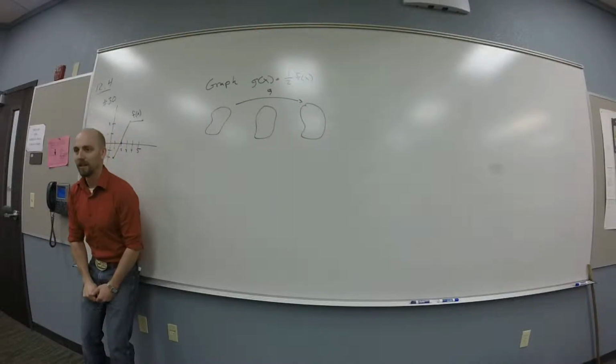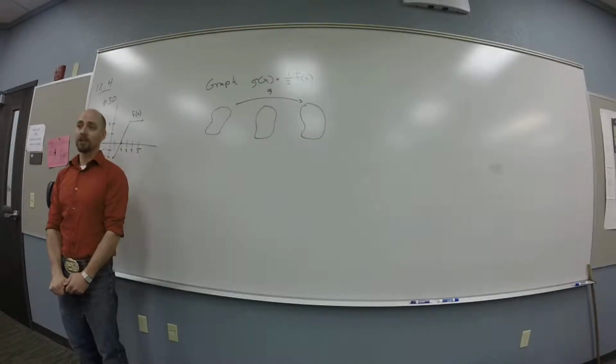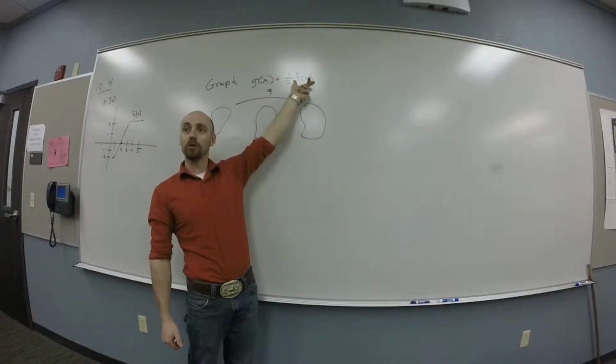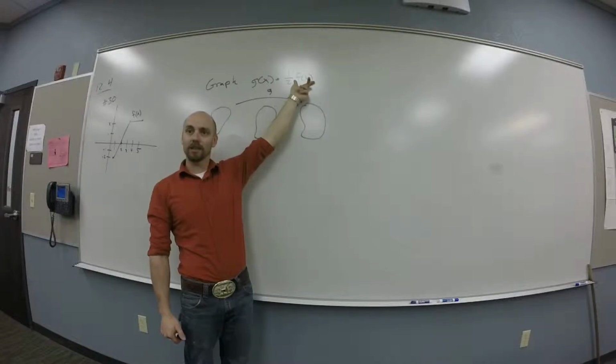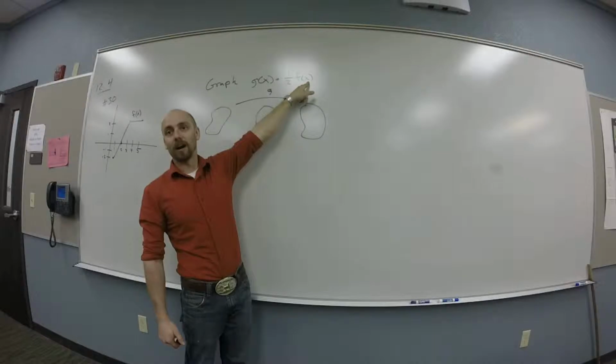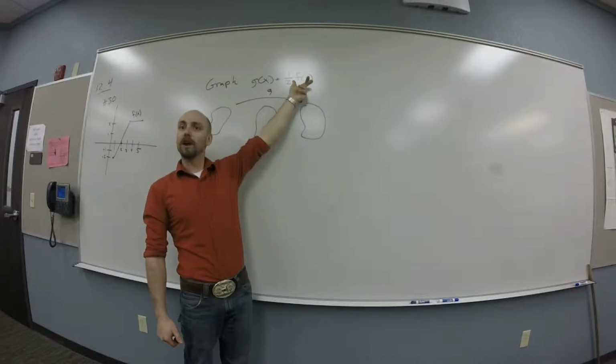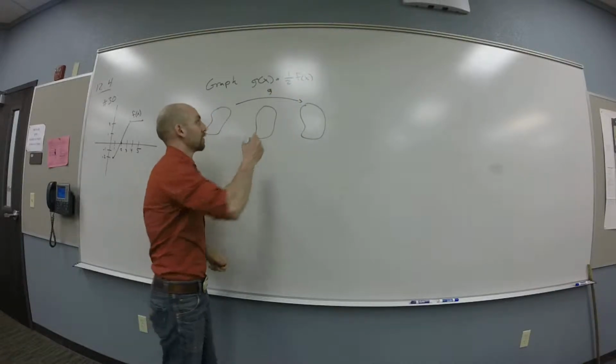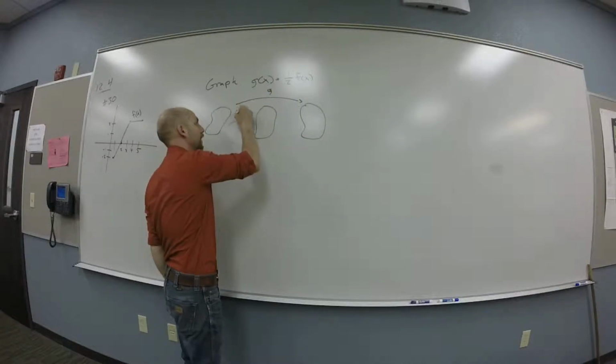Because it's of x. It's applied to x. Remember, this symbol doesn't mean multiplication. This means do the rule f to the input x. So when I put the x in there, it's in a grouping symbol. I've got to do that first. That means I run f on it. So that's my first thing that happens.